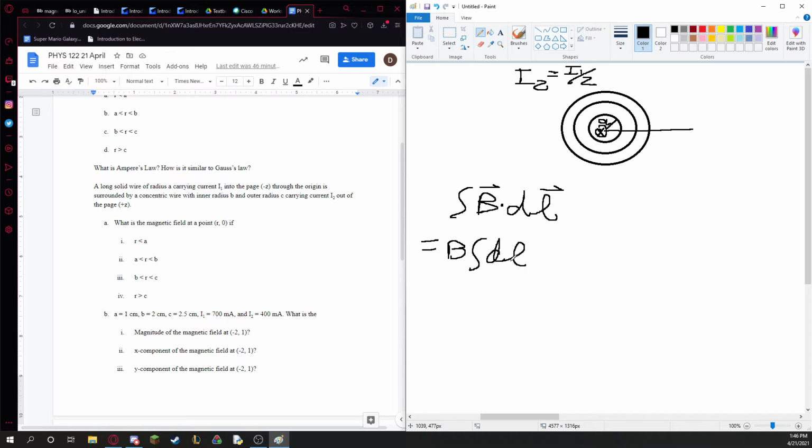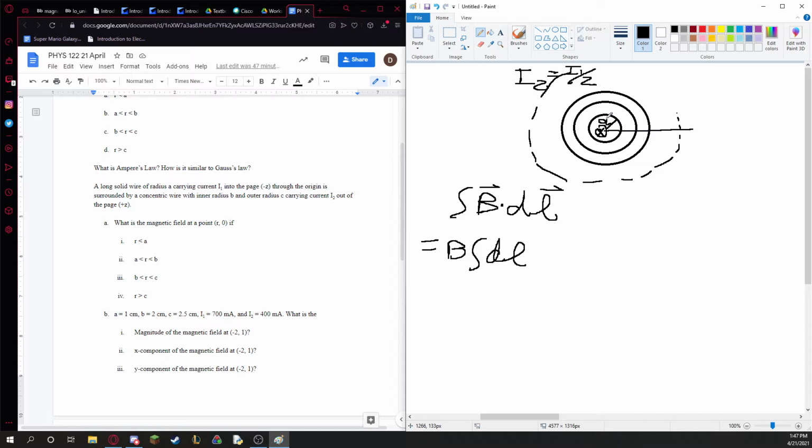Theta is either 0 or 180 depending on the direction of our magnetic field. Exactly, because we're essentially drawing, I'm just going to use the term Gaussian surface because it's essentially what we're doing, and we're going to draw it out here. And we're integrating our line integral along that entire Gaussian surface.